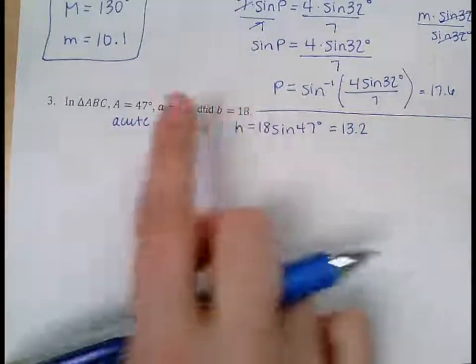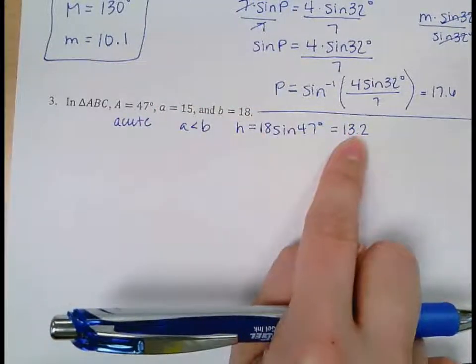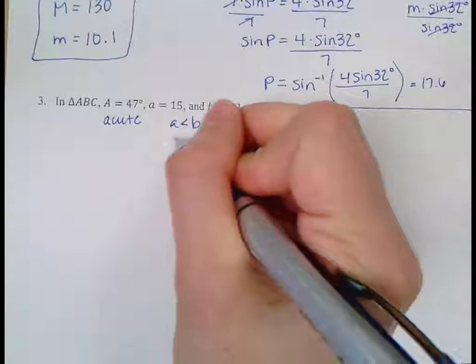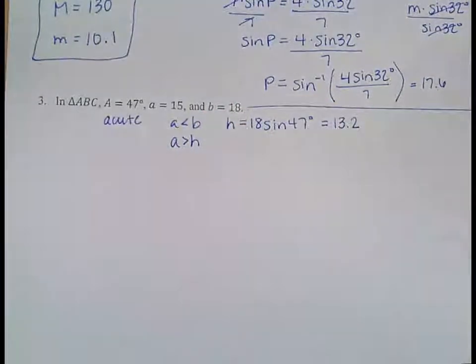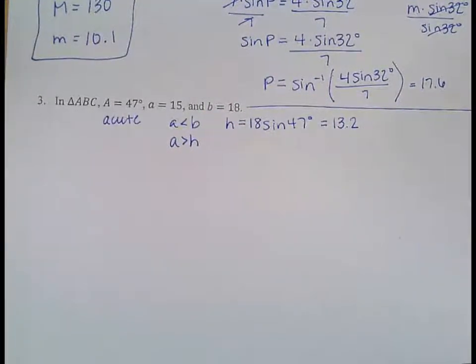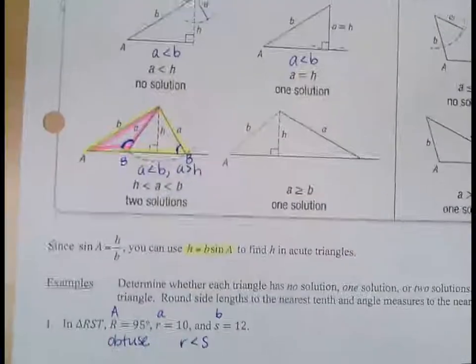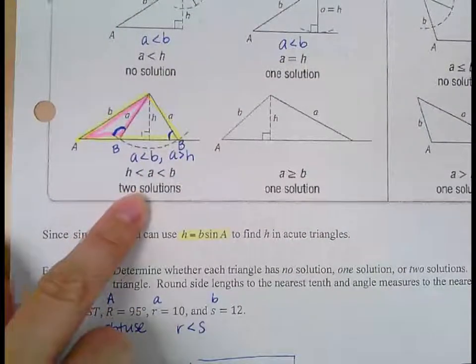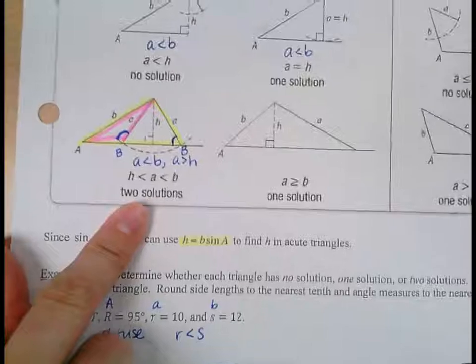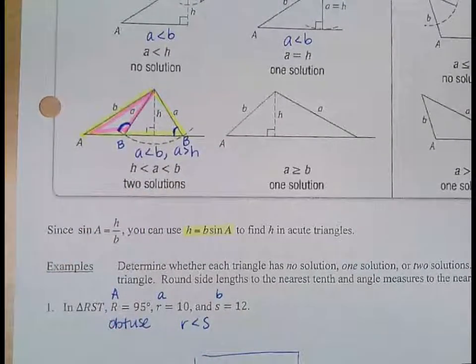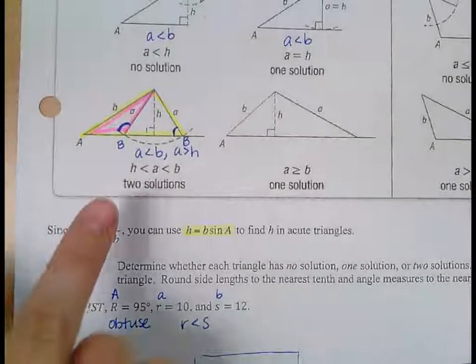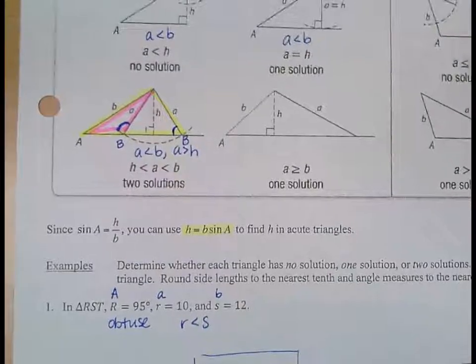And then if I compare side A to the height of the triangle, A is larger. So A is smaller than B, but larger than H. And that means there are 2 possible solutions, which maybe you figured because we already went through a no solution and a 1 solution. So there's 2 possible solutions here.